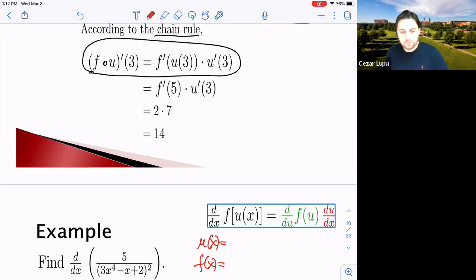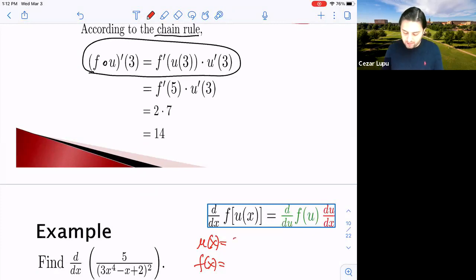Let's see. So the outer function will be 5 over u squared, but anyway, let's go with the inner function first.